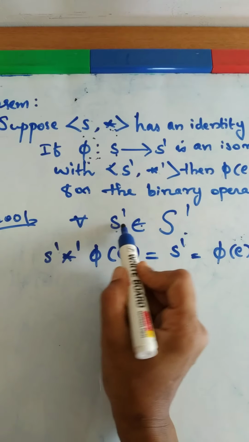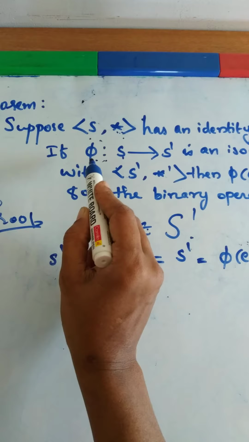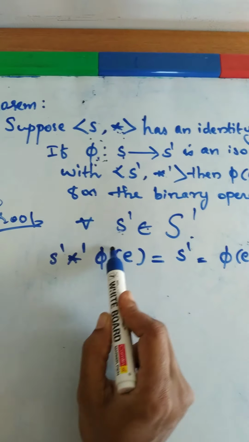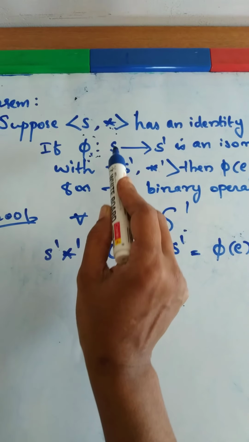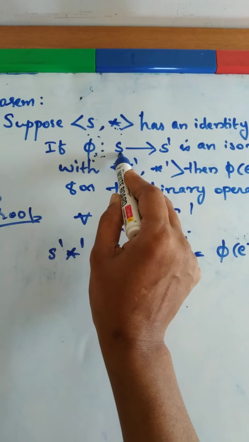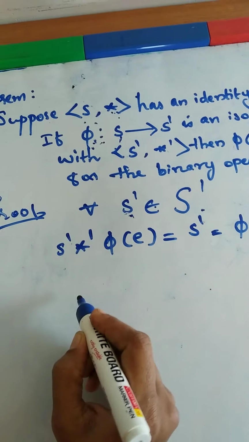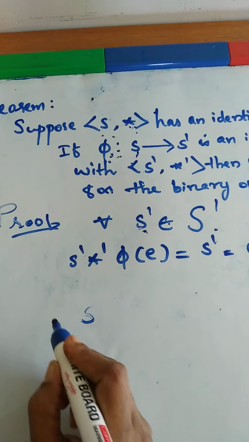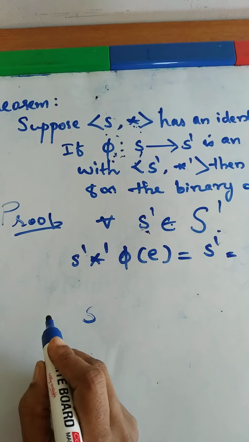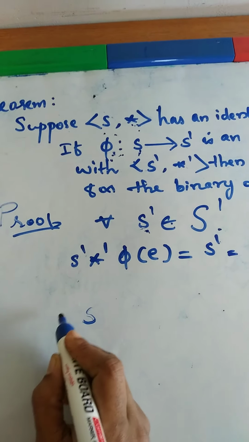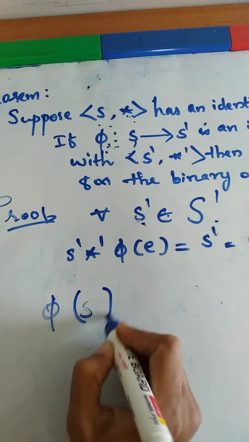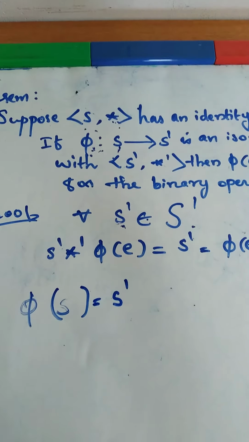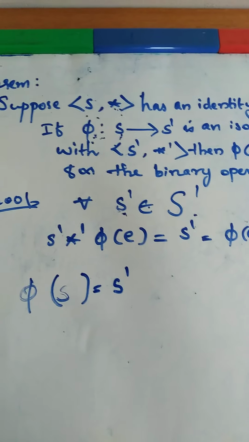So since S dash belongs to S dash and this is onto, corresponding to this S dash there exists an element in S. Denote that element by small letter S. Since phi is an onto map, we can find an element S in S such that phi of S is equal to S dash.